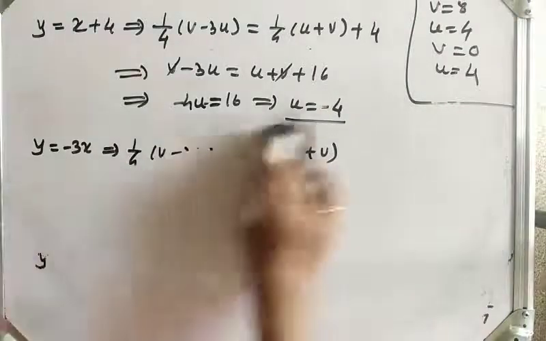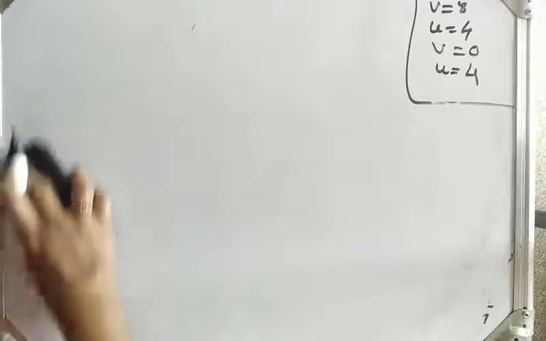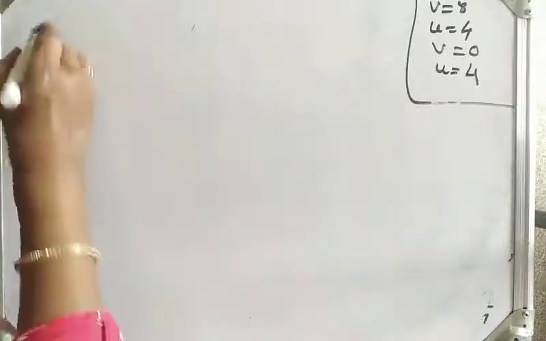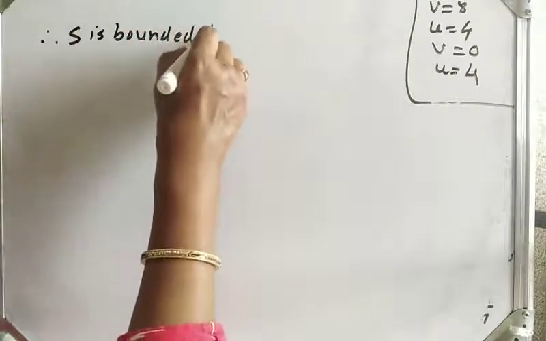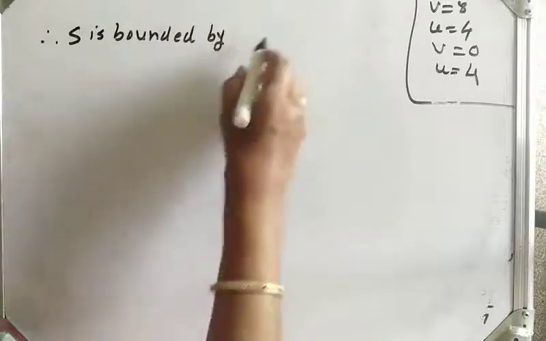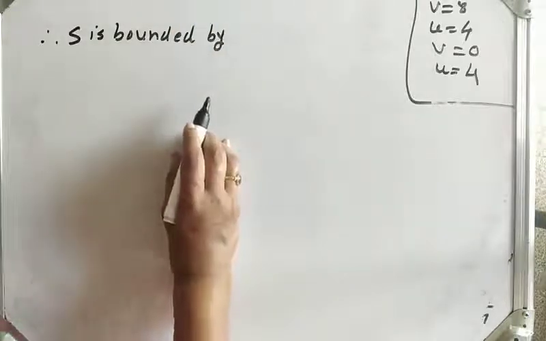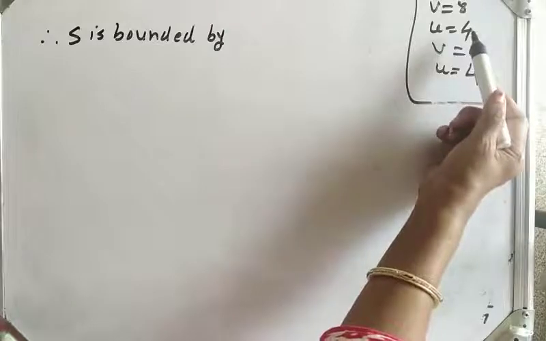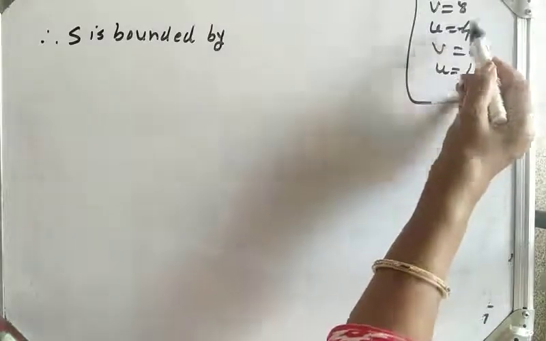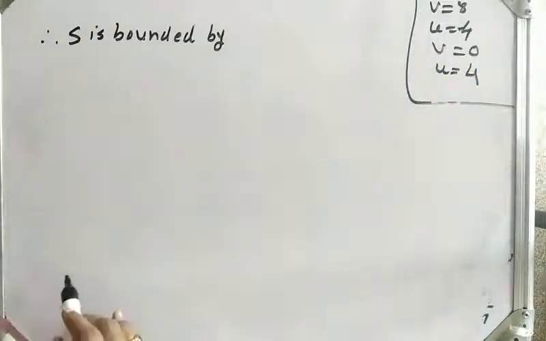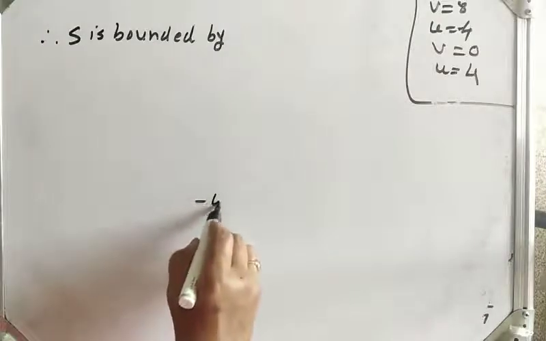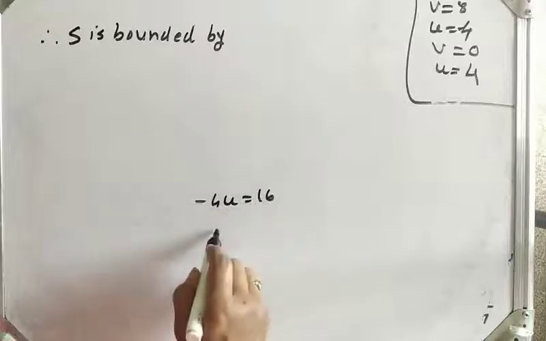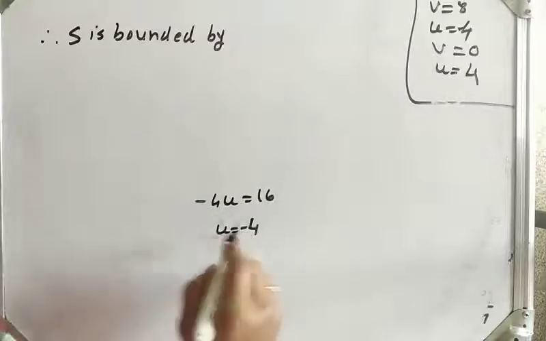So what is region S? Region S is bounded by these 4 equations. Therefore S is bounded by, sorry, here u was minus 4, because in the second equation we get minus 4u is equal to 16, and from this u is equal to minus 4.